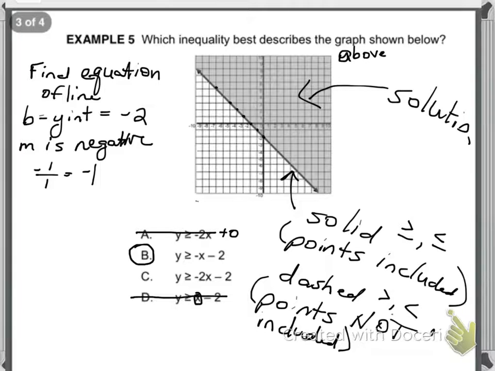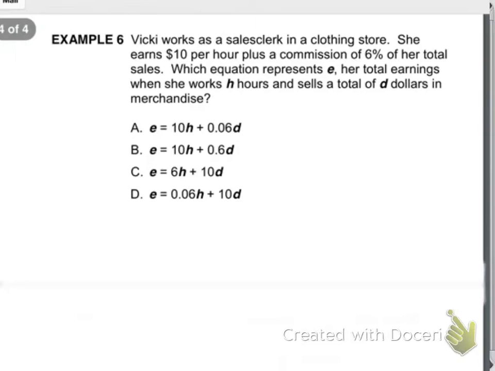If the shading is above the line, that's going to be greater than or equal to. If the shading was below the line, then our inequality would be less than or equal to. So those are some reminders of what you're looking at when you have these inequalities.